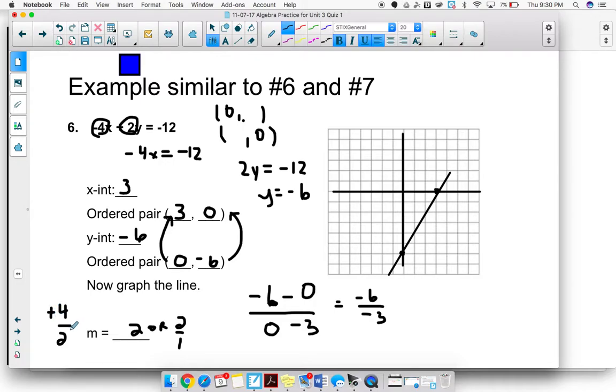So 4 over 2, notice that still equals 2. You could also use the graph and say that this is an increase of 6 for every 3 we move to the right. So with rise and run, that would be 6 over 3, which reduces to 2 over 1.